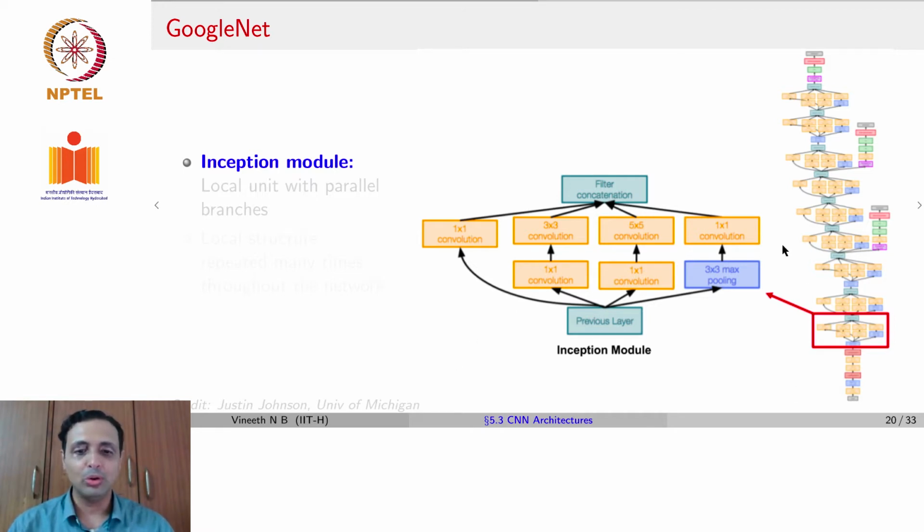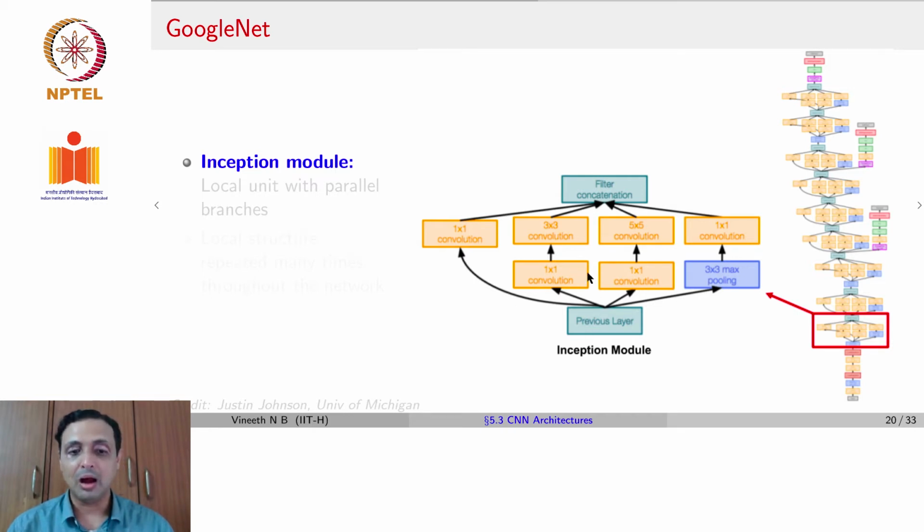The Inception Module looked somewhat like this, which was one of those units that keeps repeating in their architecture. So the previous layer's output was branched out into one layer which did a 1x1 convolution.